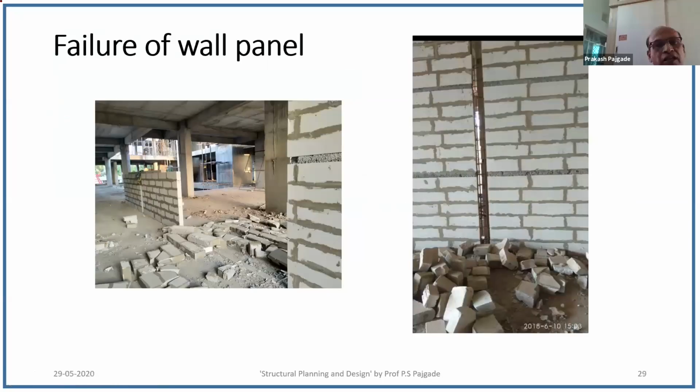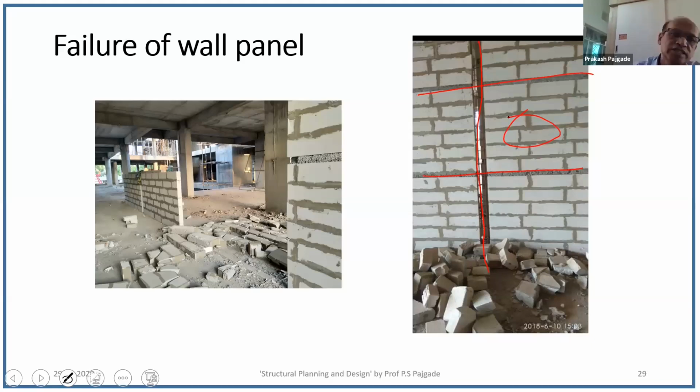Many times we cannot have closely spaced columns. So in that case, we'll have to provide some structural members, say vertical ones, we can call these dummy columns and bands, so that whatever partition walls or walls are there will be properly connected to the main structural element.